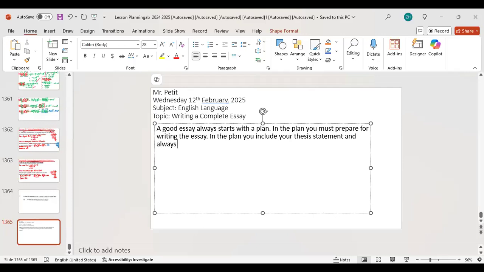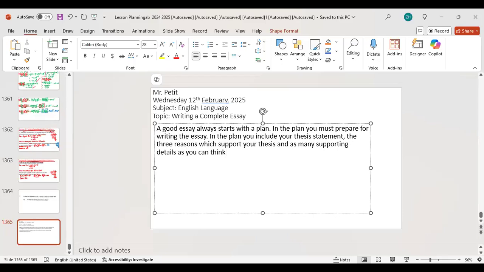So a good essay always starts with a plan. In the plan, you must write your thesis statement, the three reasons which support your thesis, and as many supporting details as you can think of.